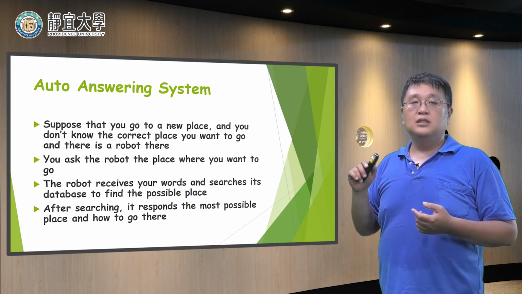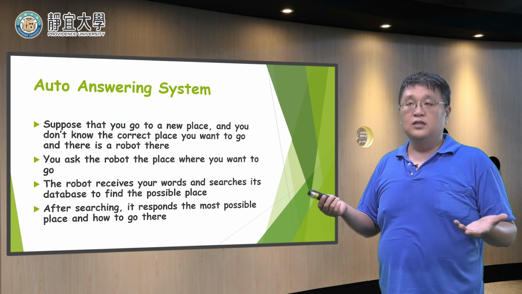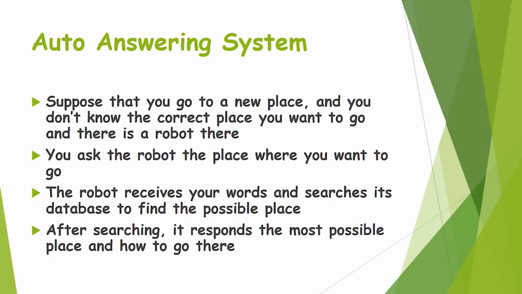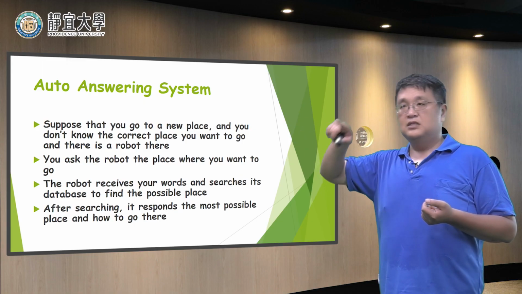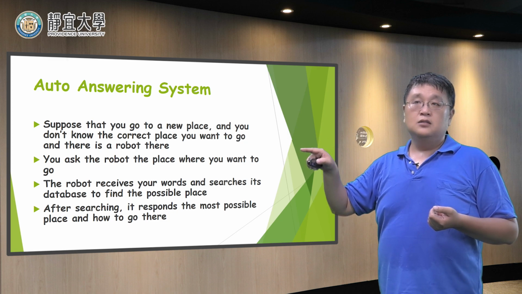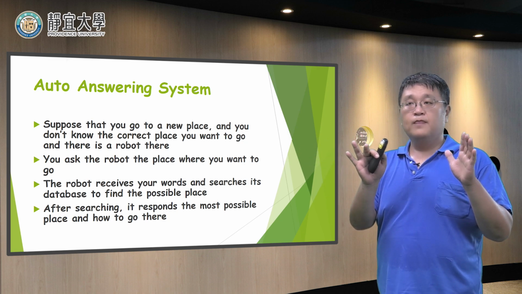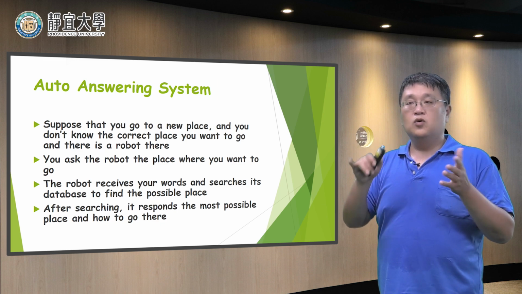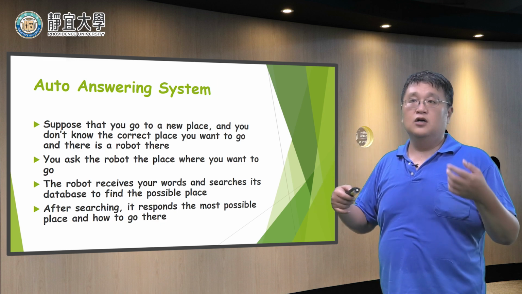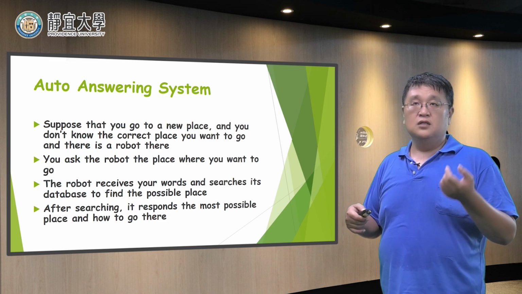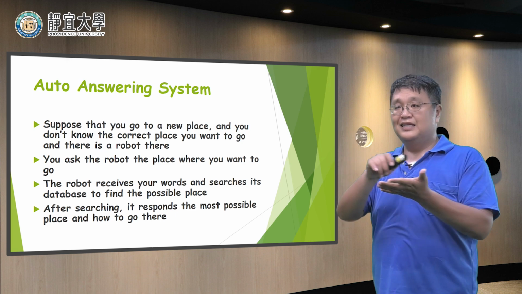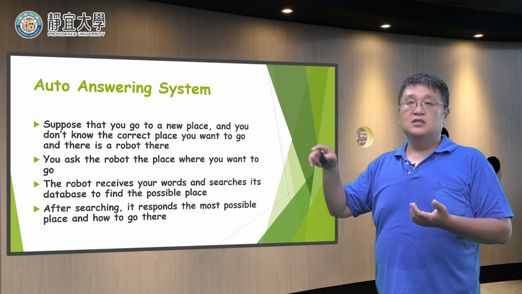Also, the auto answering system works the same way. We speak something to the computer. The computer changes that sound, that voice, into some text, something like a label or some keywords. So we tell the robot some words, and the robot receives our words and changes them to text, for example, some keywords.